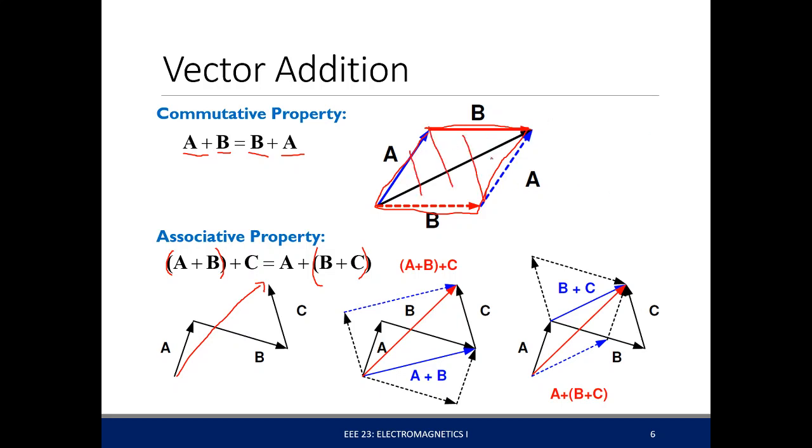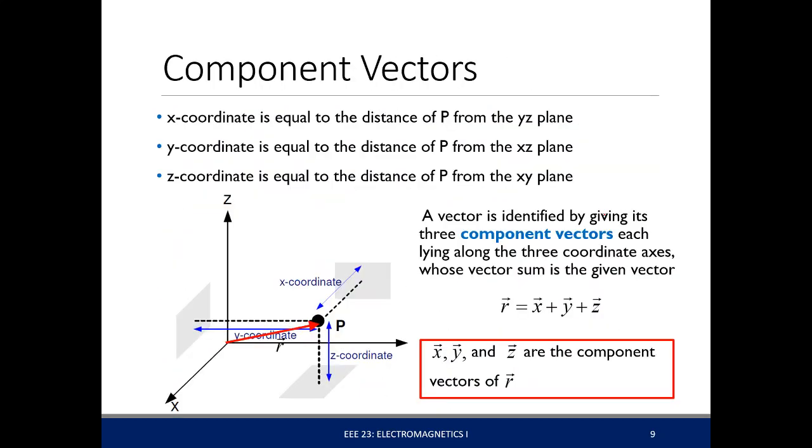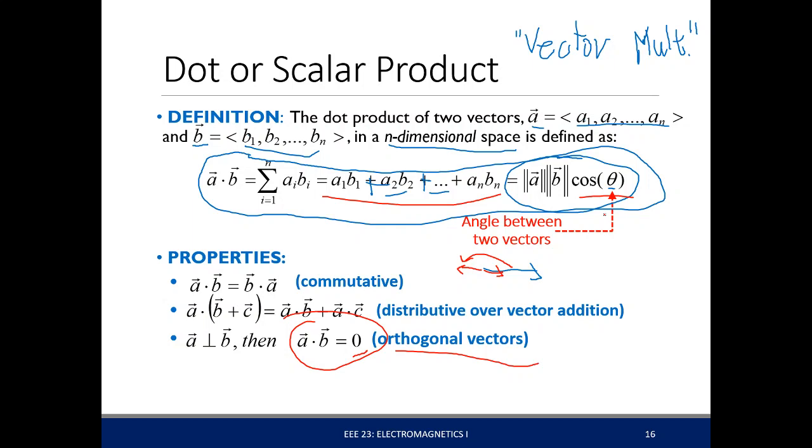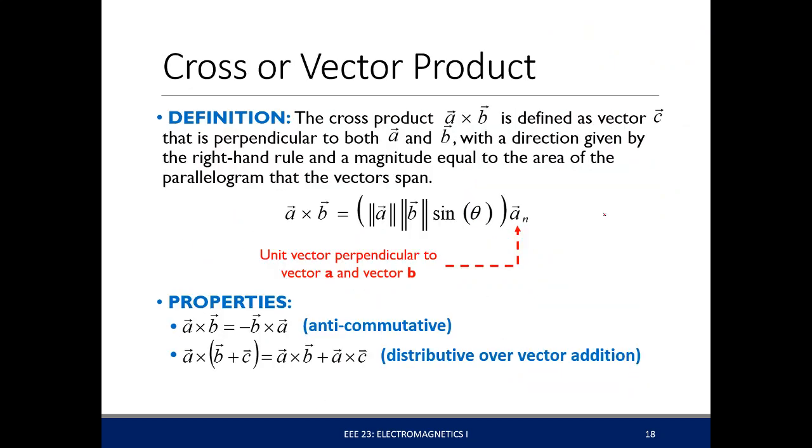So this will be an important concept when we talk about surface areas. But let's leave it at that for now. Cross product defines an area. So if your dot product defines a projection, cross product defines an area.